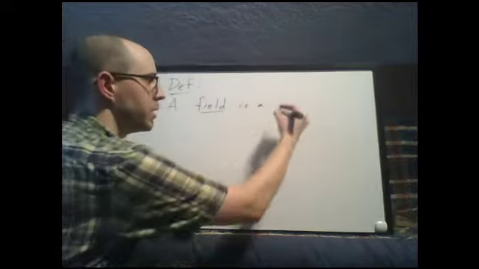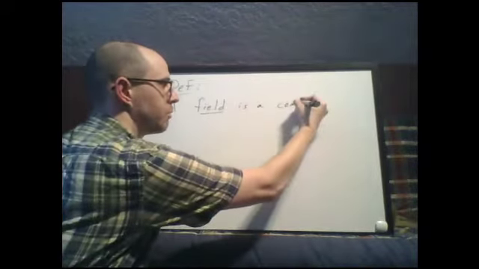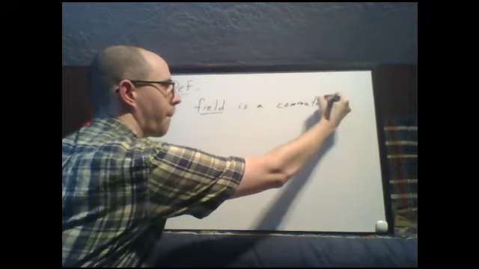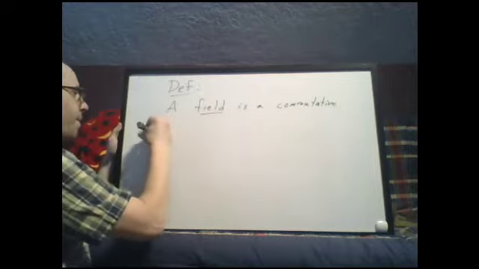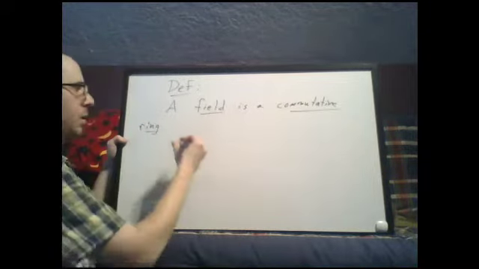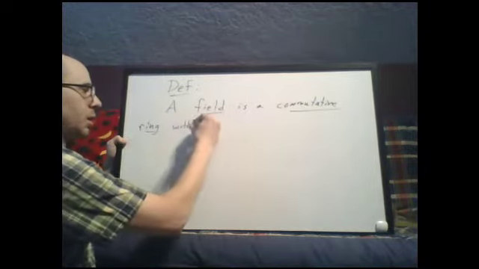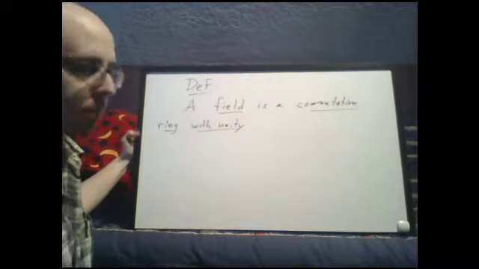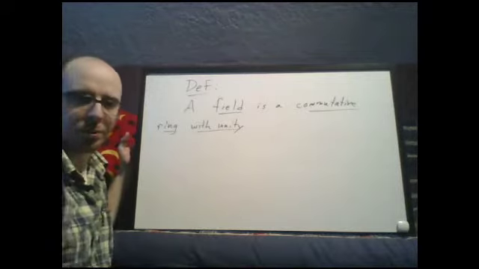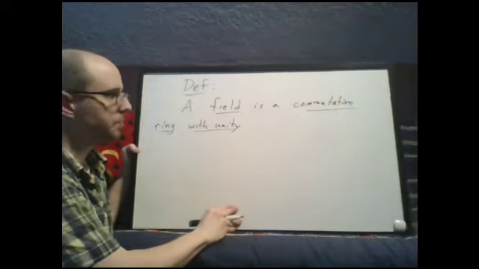So a field is a commutative ring with unity. So the commutative means that the multiplication operation is commutative.